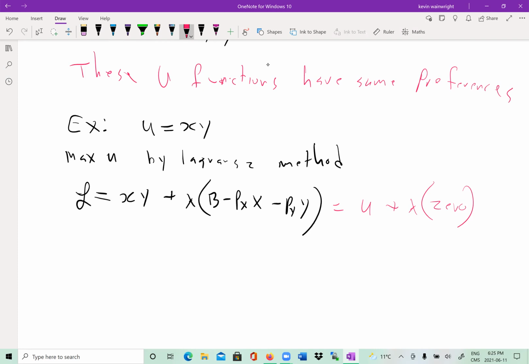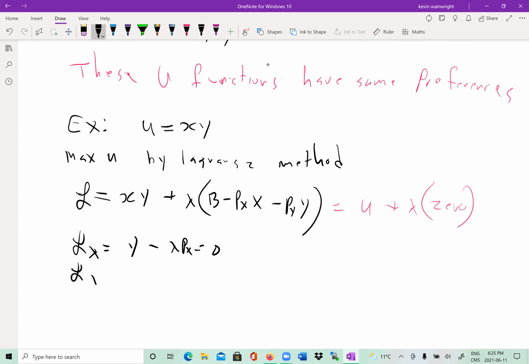So the Lagrange method takes advantage of that relationship to create a trick for solving these kinds of problems. What we do is we take the derivative with respect to x, and the derivative of x times y is y, minus, and it appears inside the budget constraint, minus lambda px equals 0.